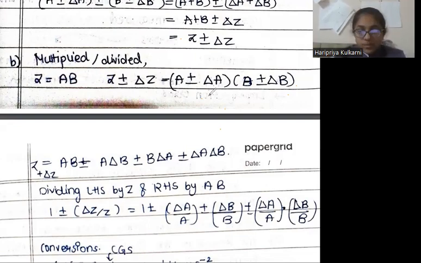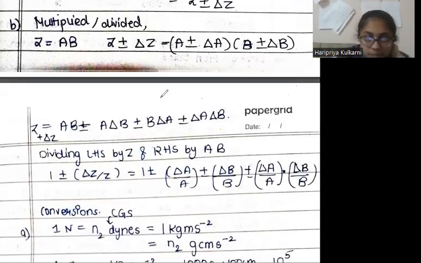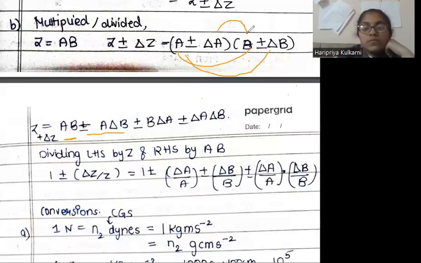When we multiply, we get AB, plus or minus A delta B, plus or minus B delta A, and plus or minus delta A delta B. Then we divide LHS by Z and RHS by AB.